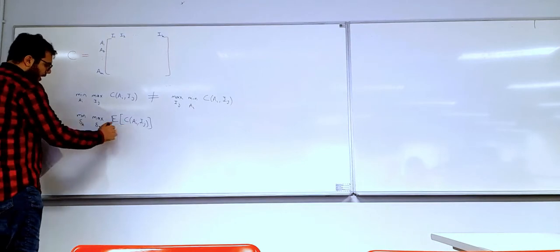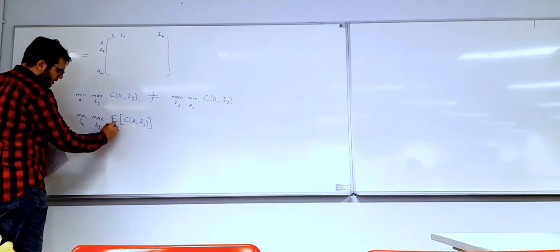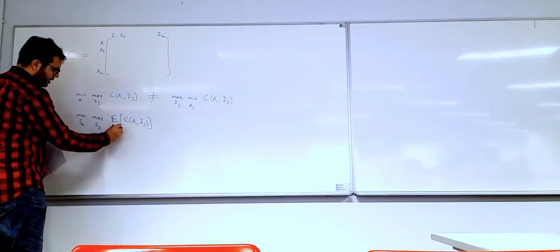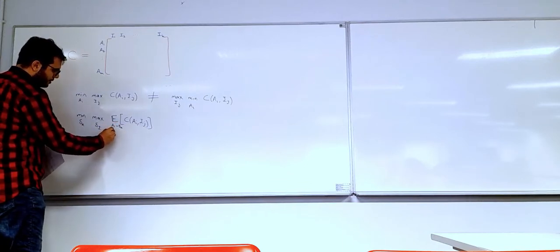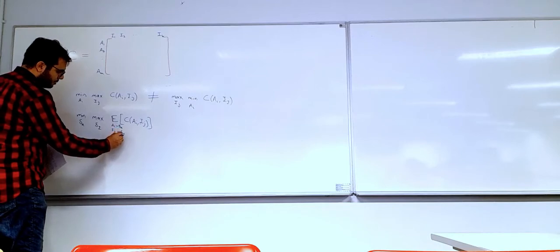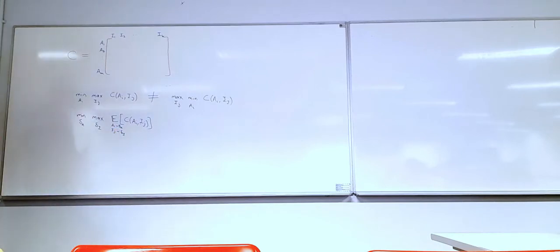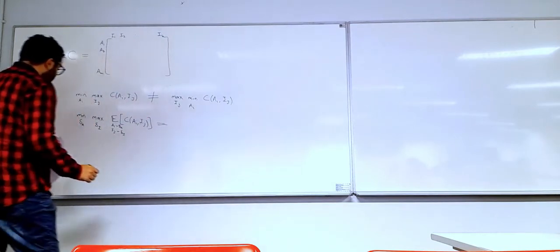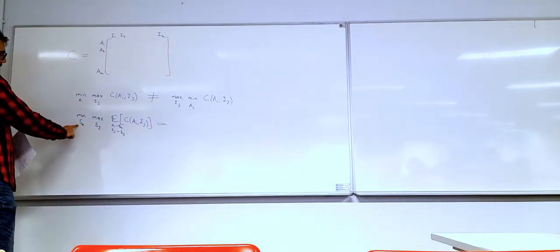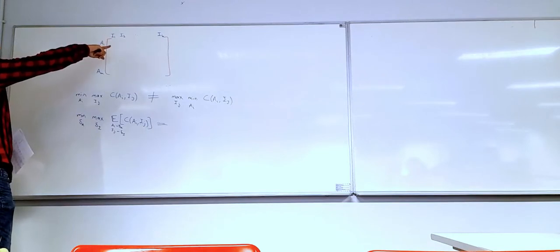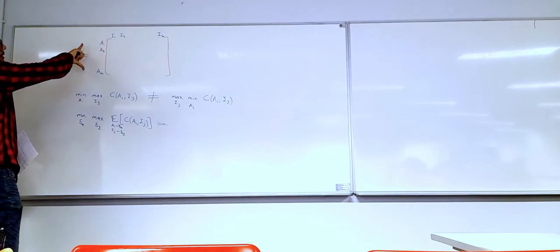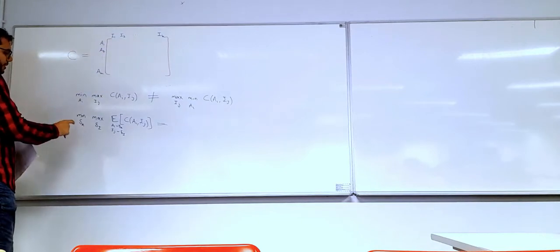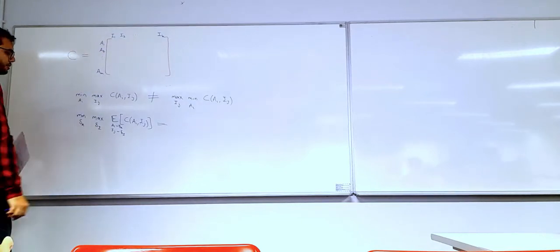Our Ai is sampled according to the distribution that the first player chose, and our input is sampled according to the distribution that the second player chose. Last time we saw that if we can have randomized solutions here, if instead of choosing one strategy you can choose a distribution over the strategies, it doesn't matter which one of the players chooses first.